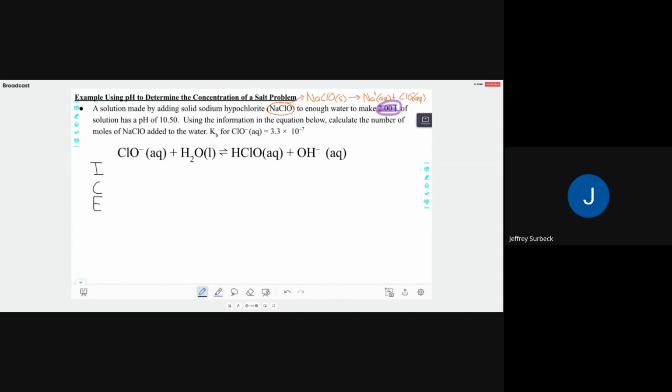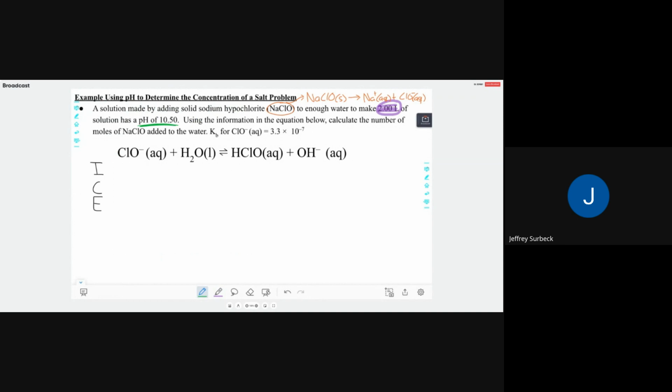And this is where we have to think about this. Right now, we don't know how much of this NaClO we have, so we're going to have to get to that in a second. Just keep that in the back of your mind. The only thing that we are given is that the solution has a pH of 10.50.